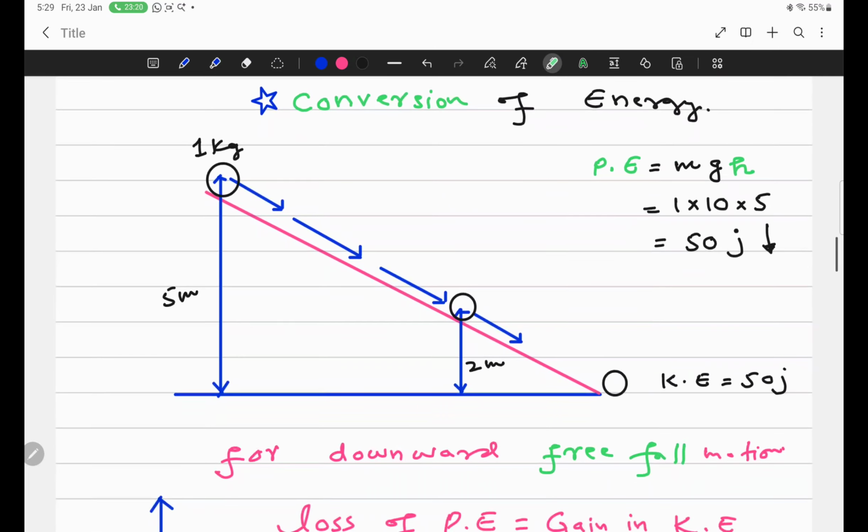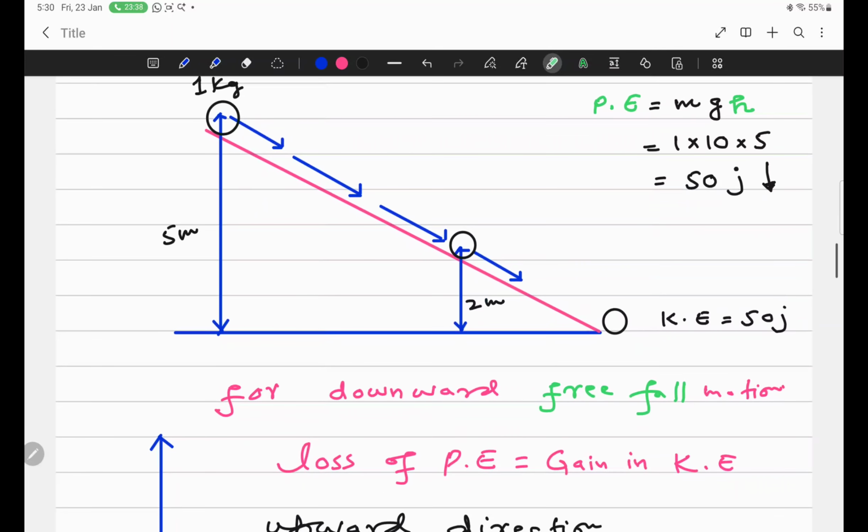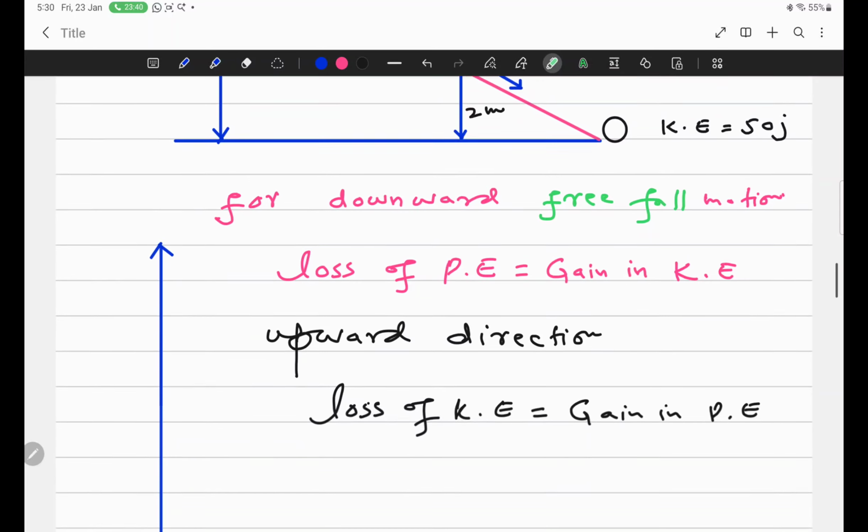Mahanur, if an object is at a certain height, then which type of energy does it possess? Okay, and when it is released, it is moving downward. Then what kind of energy? Yes, okay, you are right.